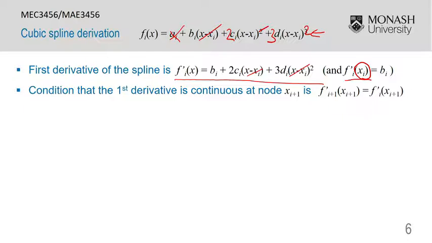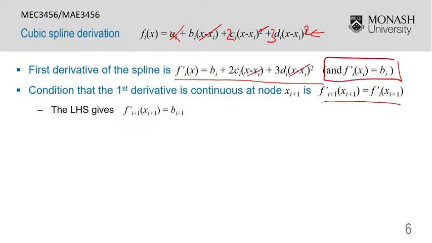The condition that first derivatives are continuous at node xi plus 1 is simply written as that expression there. Therefore, the left-hand side of this, using this expression up here, just gives us that the first derivative of the i plus 1th spline at xi plus 1 is equal to bi plus 1.